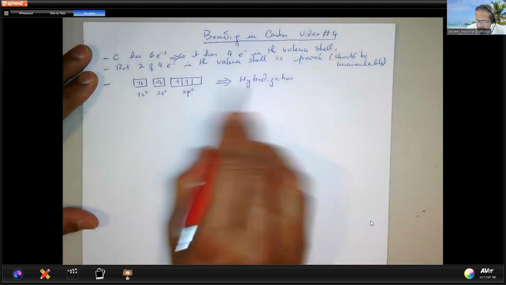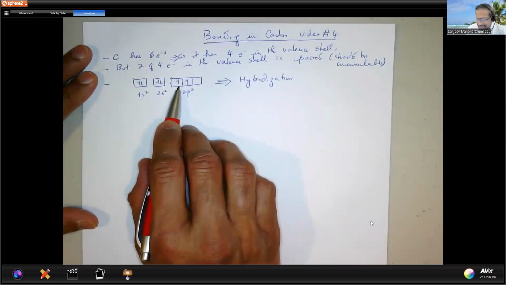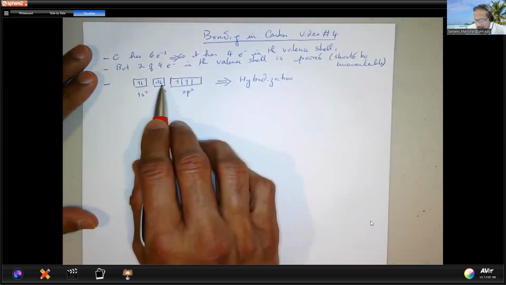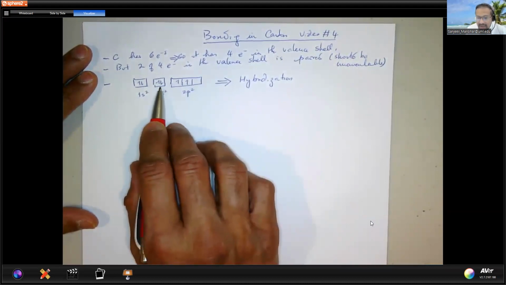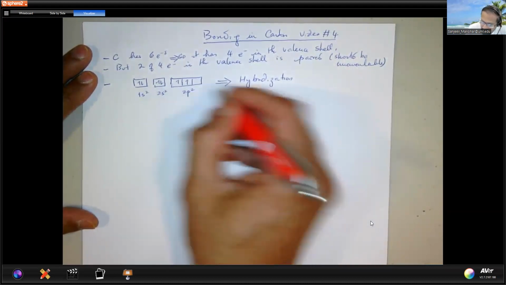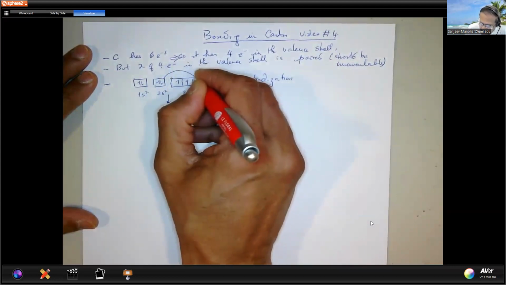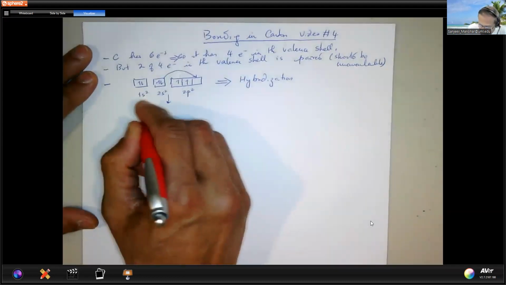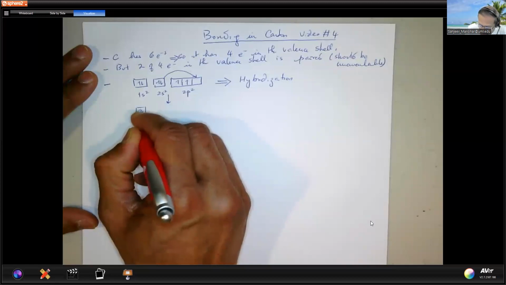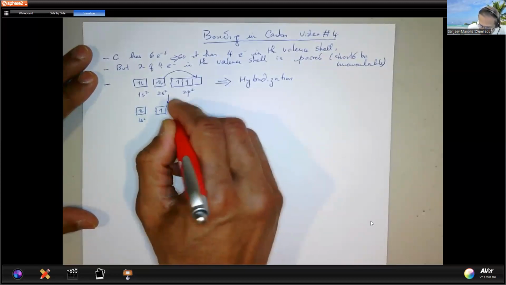So in order to make 4 bonds out of 2, it's like making gold out of lead, right? You've got to somehow get four unpaired electrons, which means you have to break this pair here, right? So hybridization is nothing but a promotion of one of these 2s electrons into the 2p. So the 1s, nothing happens, still remains as 1s2. The 2s splits, so only 1 is left in this.